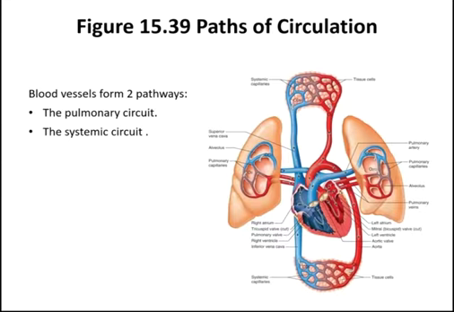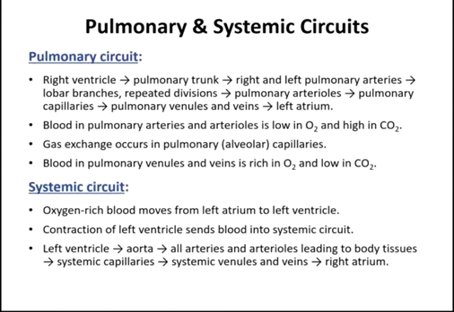The systemic circuit carries oxygenated blood out of the heart to the tissues of the body, and then carries it back to the right side in a deoxygenated form, right? And it will go back through the circuit again. So the pulmonary circuit, the actual pathway is from the right ventricle to the pulmonary trunk through the pulmonary valve.